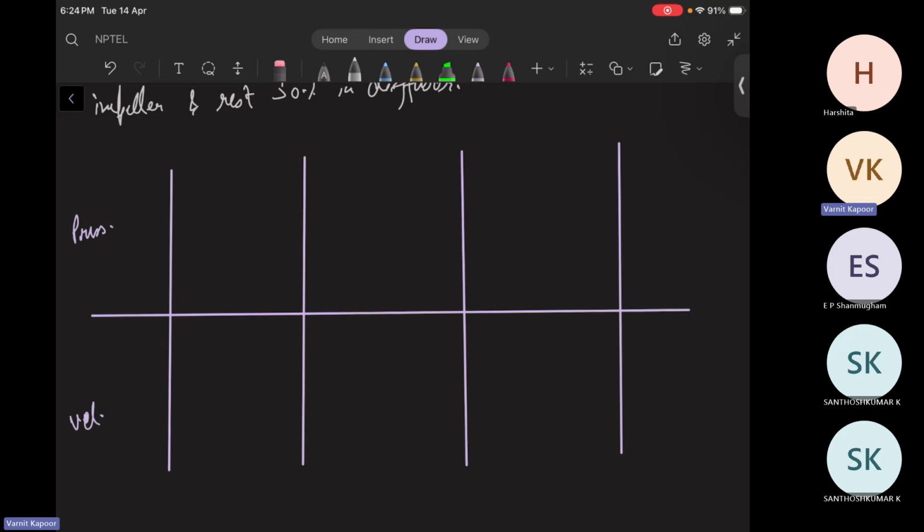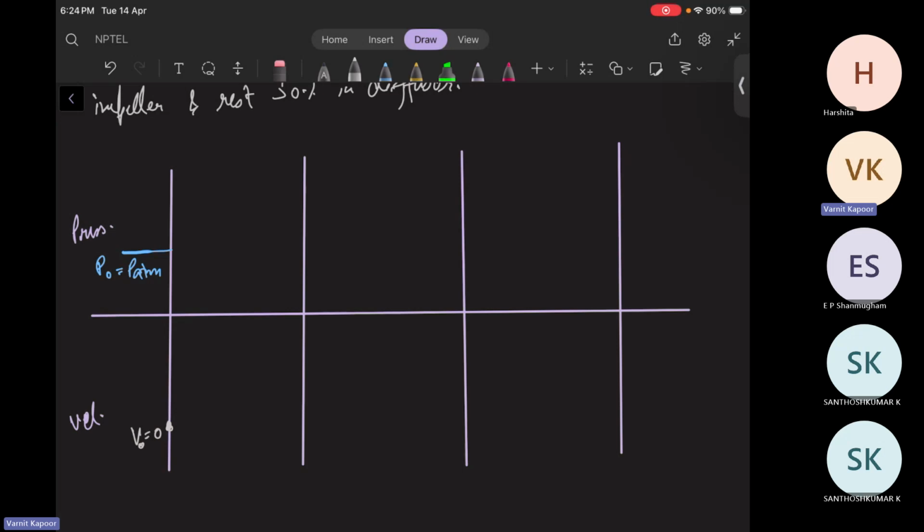Initially when the fluid enters, it was at constant atmospheric pressure, P naught equal to P atmosphere. And the velocity of the fluid was zero at that point of time, because the fluid was collected from a static field, at rest. Then the pressure dropped because of the increase in velocity.